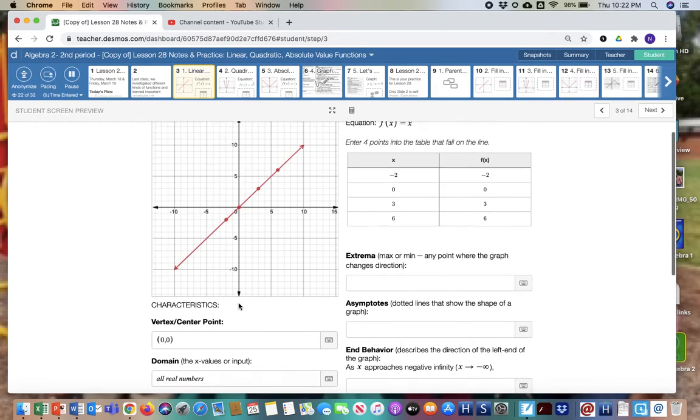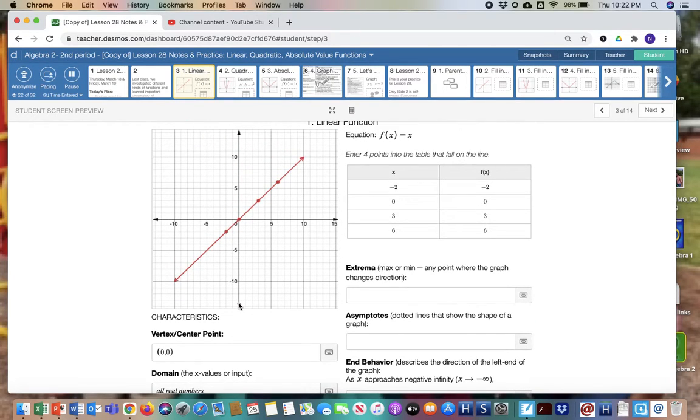Okay, so the decrease and increase interval. Remember we read the graph from left to right, and we ask ourselves, when is it going up? What are the values of x? And when the graph is going down, what are the values of x? So if we start from the far left end of the graph, in other words, technically we're starting at negative infinity. Well, what happens here? We go to the right, to the right, to the right.